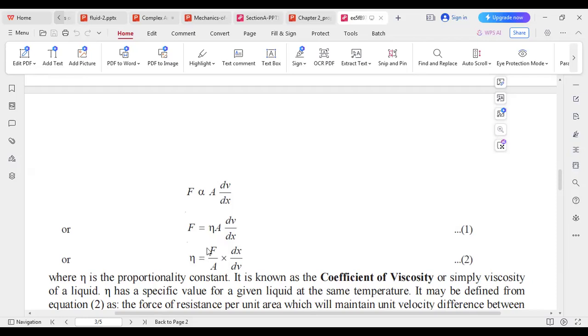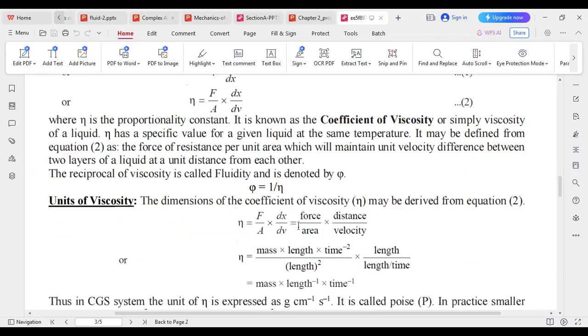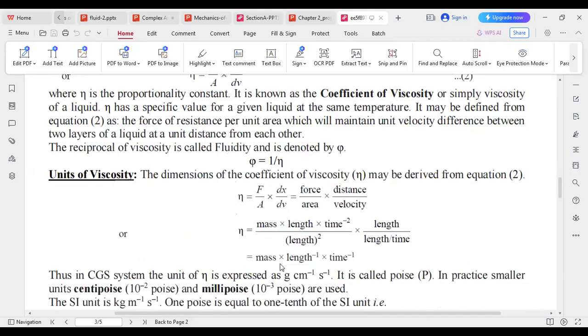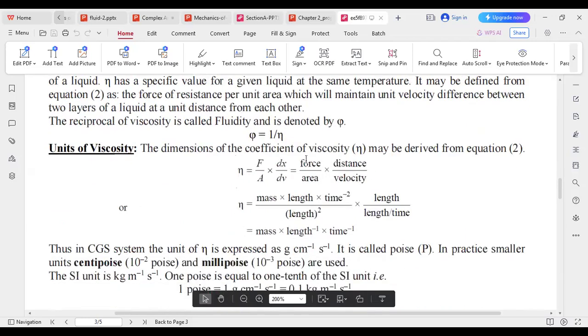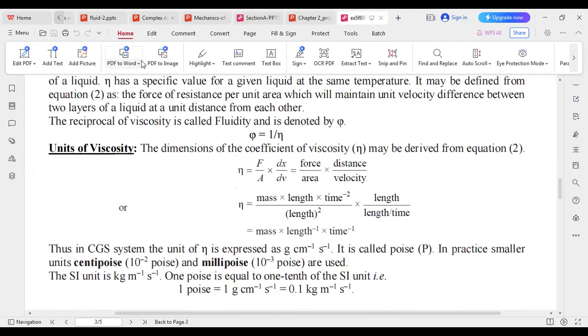Here eta is the coefficient of viscosity, and we can derive its units. One Poiseuille equals 1 gram per centimeter per second, that means 0.1 kilogram per meter per second.